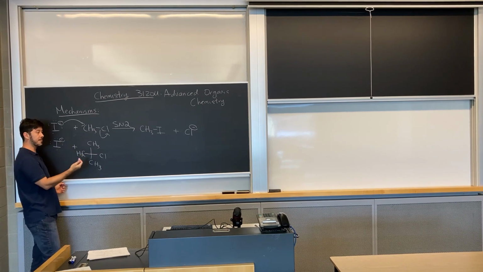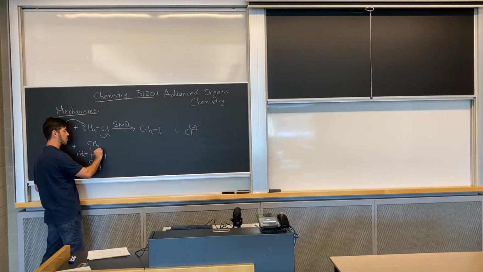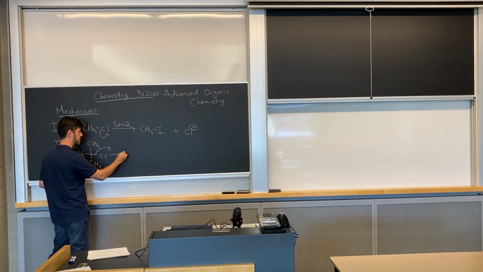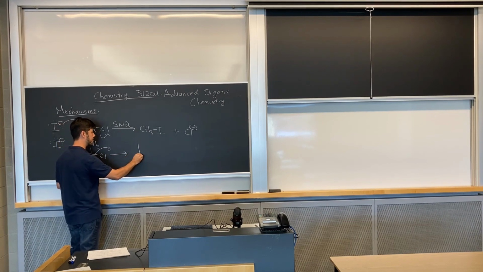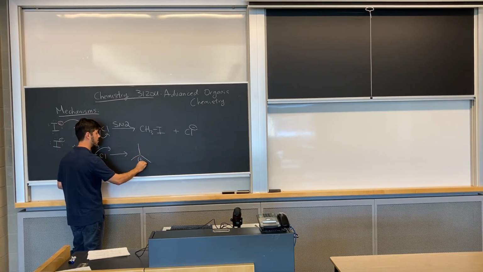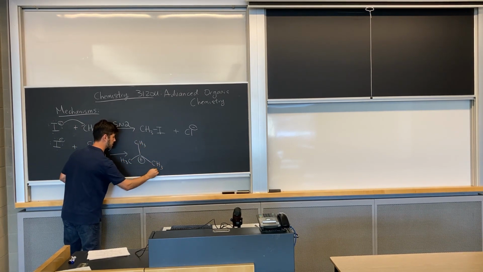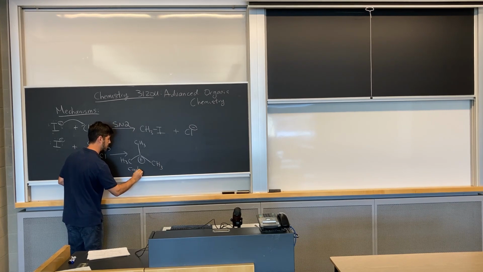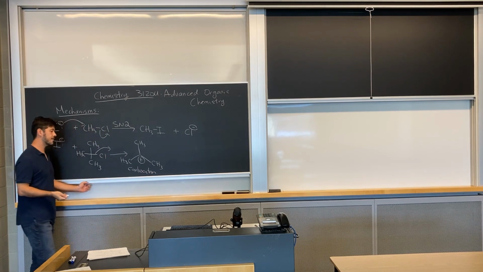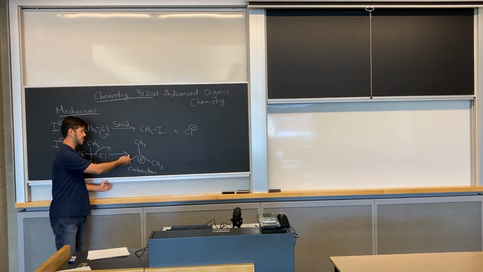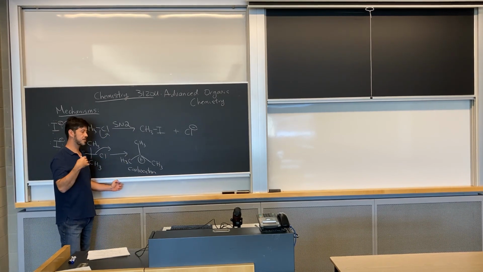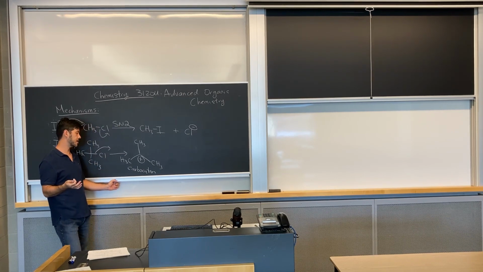However, what's going to happen first is that the chlorine group is going to leave first to now form what is known as a carbocation. This carbocation forms because it is a tertiary carbocation. It's much more stable compared to a secondary or primary carbocation.